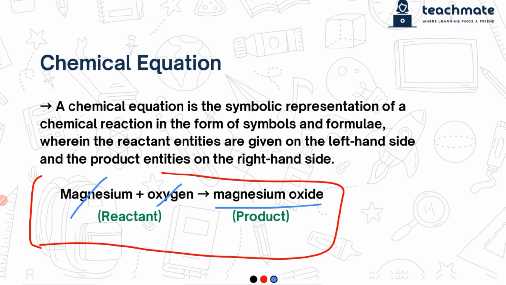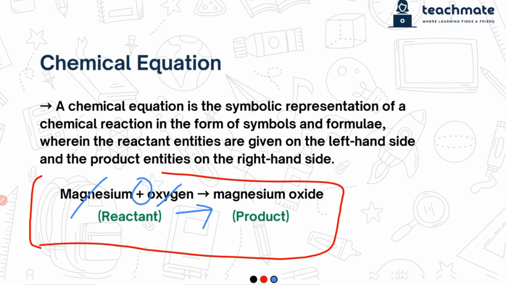So we can represent this with the help of an equation. On the reactant side, we separate all the reactants using the plus symbol. This plus symbol is used to represent all the substances separately. After writing all the reactants, we write the arrow mark to show what product is obtained. After this reaction, it changes to magnesium oxide.